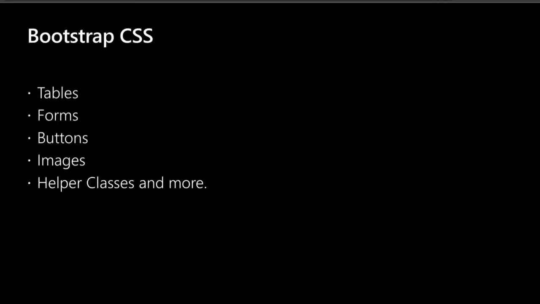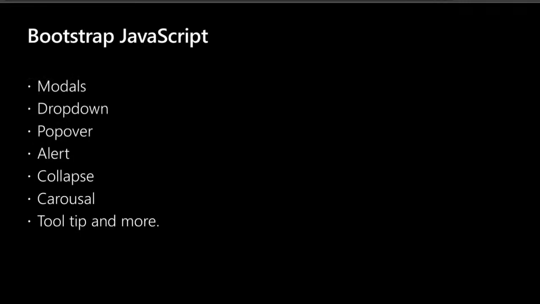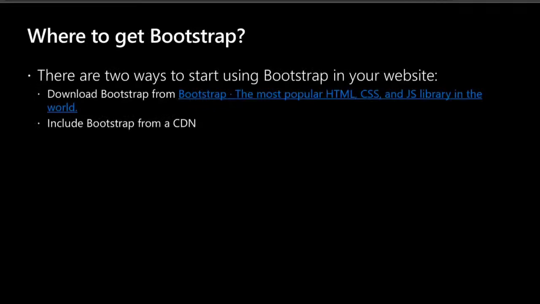Similarly, we can create drop-downs, popovers, alerts, carousels with JavaScript, but we have pre-made templates of them already available in Bootstrap. So where to get Bootstrap? There are 2 ways to get Bootstrap. One is by downloading Bootstrap, the complete documentation, or by simply including the Bootstrap CDN.